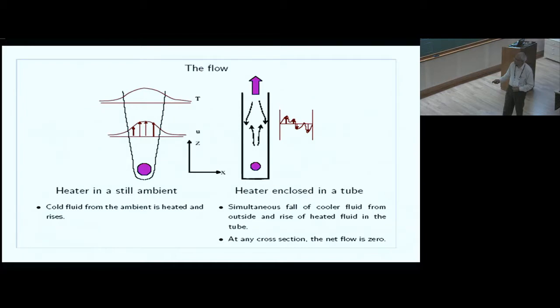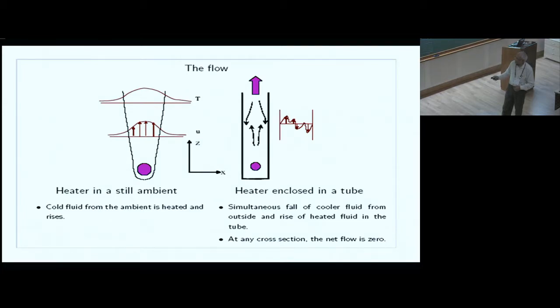So the hot fluid rises, but there is no path for the cold fluid to come from the sides. It has to come from the top. So what happens is you have simultaneously rising hot fluid and falling cold fluid. The falling cold fluid is coming from the ambient, and the rising hot fluid is going from this heated surface.